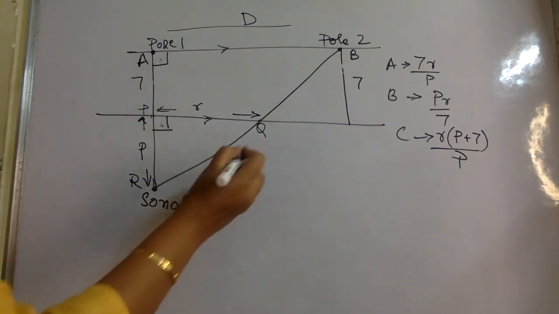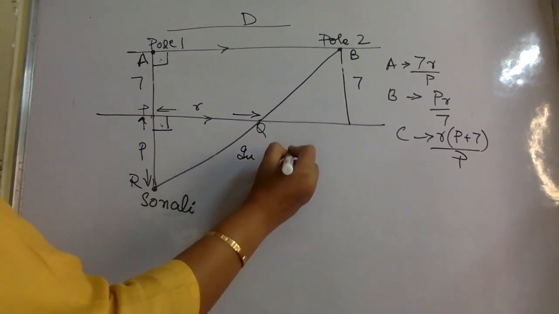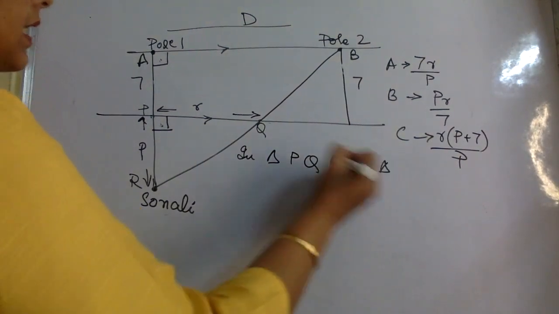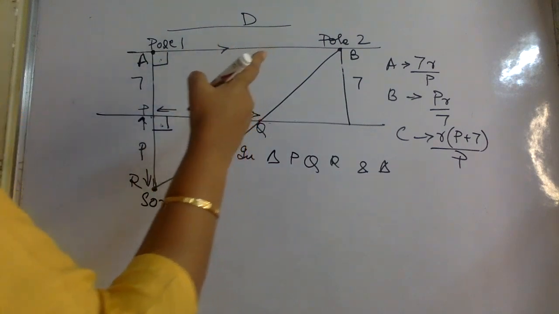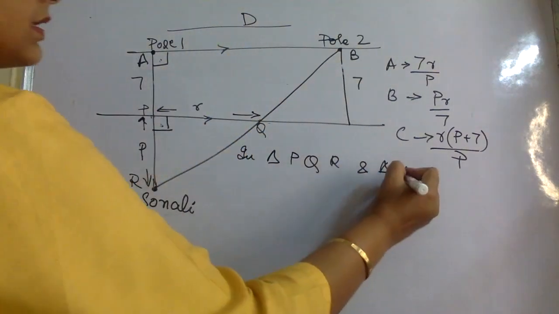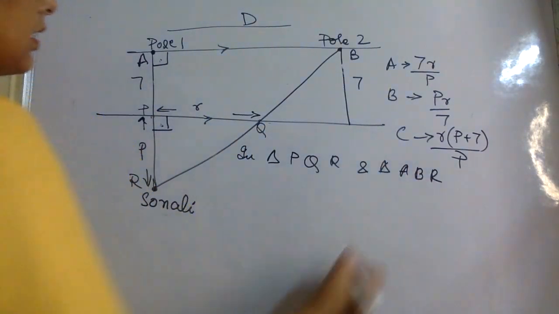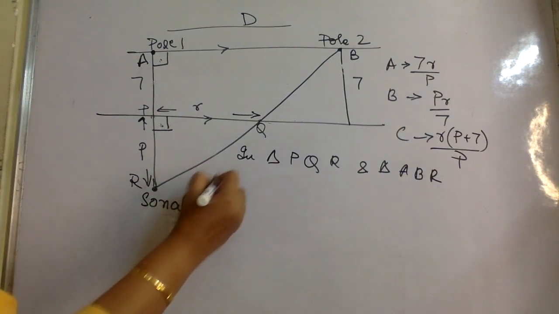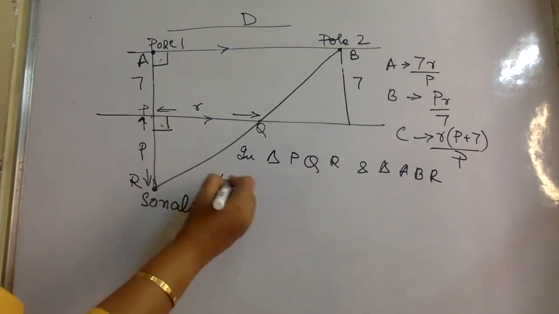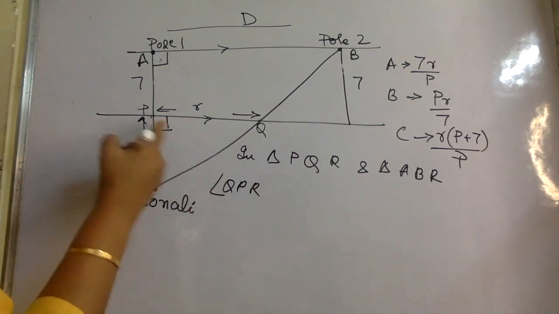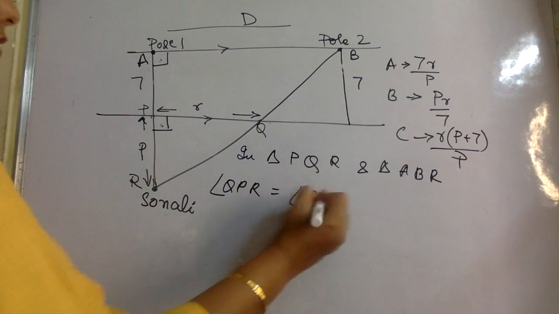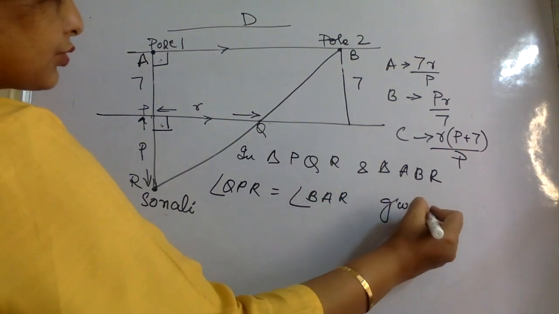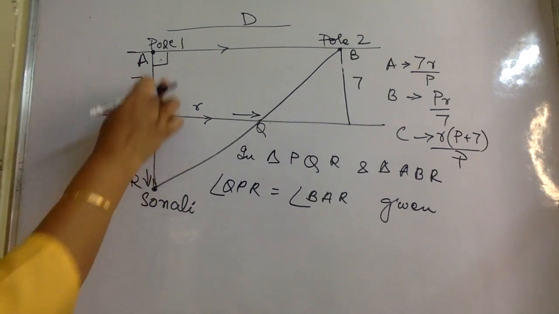So how to prove similarity? In triangle PQR and triangle, let's take ABR. Just two angles, if we prove they are equal, then the triangles will be similar. Angle QPR, this 90 degree, is equal to angle BAR, given. Okay, so we have proved equal for one of the angles.